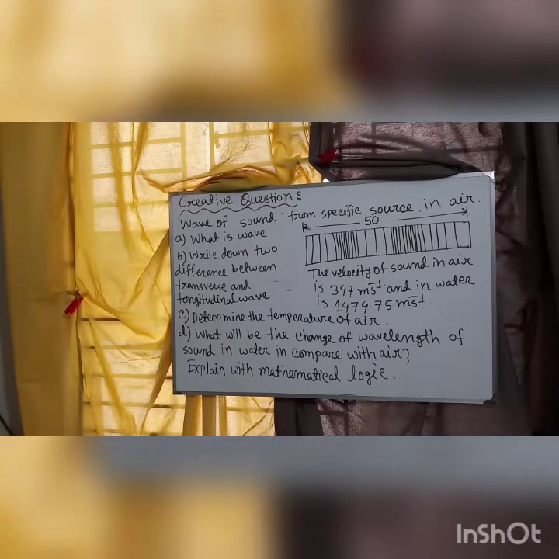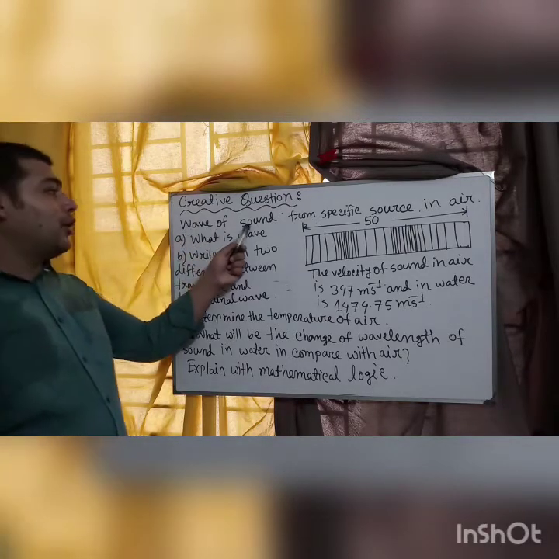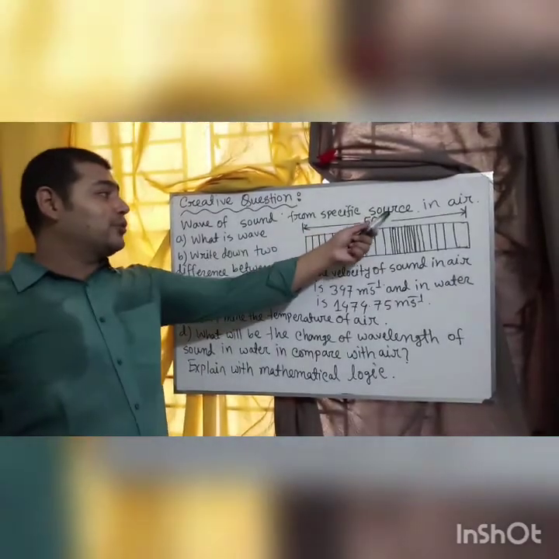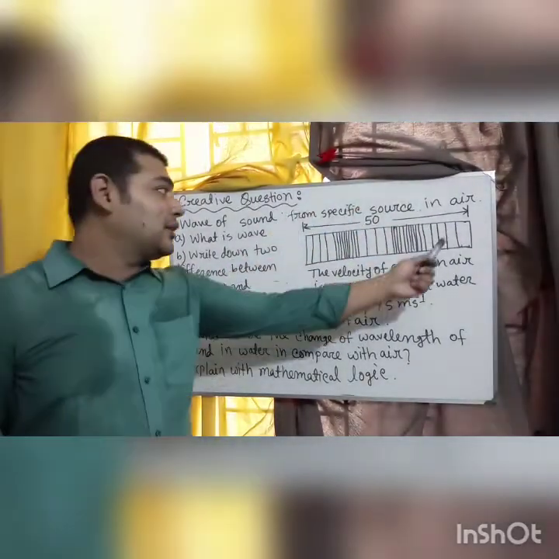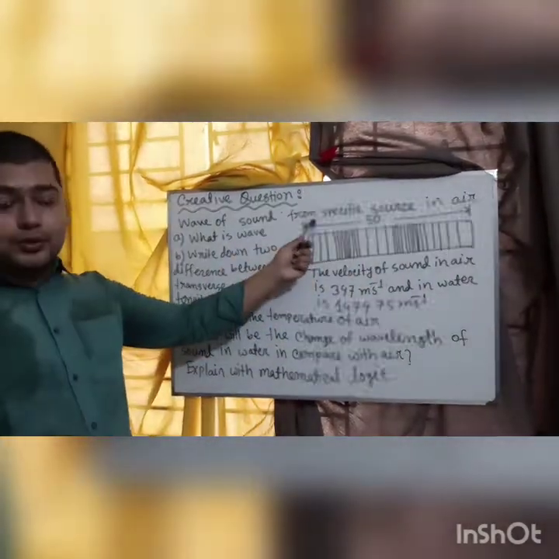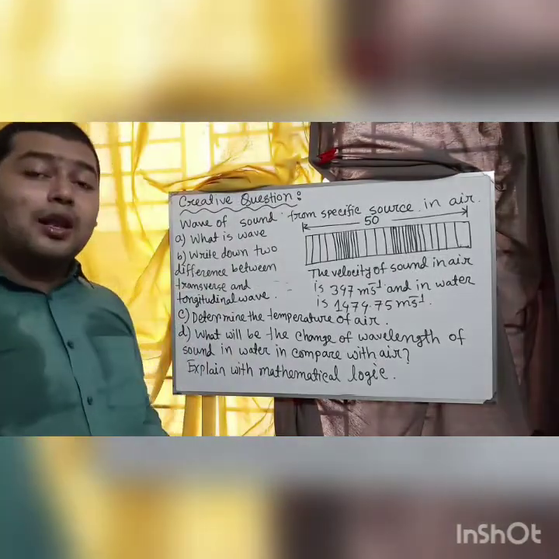Our creative question is: wave of sound from a specific source in air, and the given picture of this sound source. Here we know that sound is a longitudinal wave.